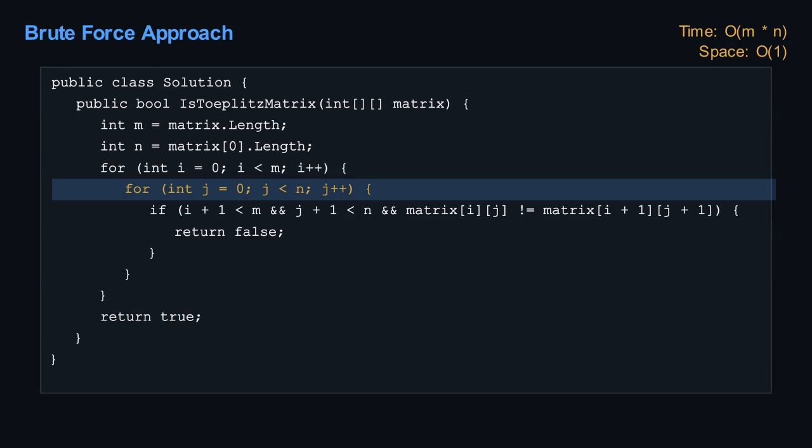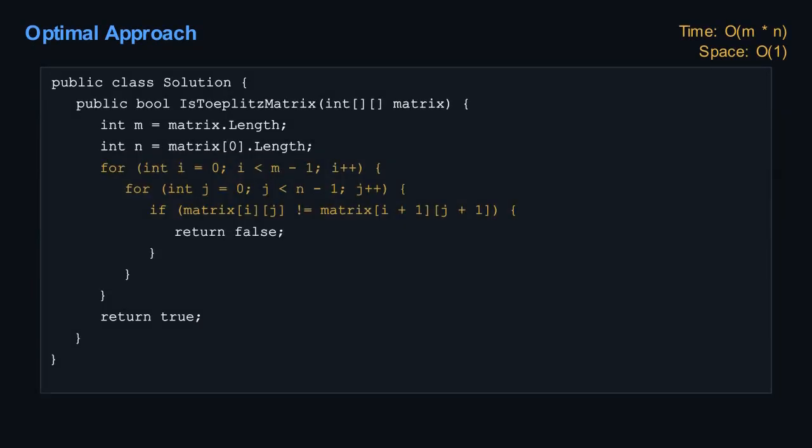It's not a big asymptotic problem, but it shows we're doing a little redundant work. We're iterating over the entire grid even though the last row and last column never participate in a diagonal comparison. The brute force idea is correct and already optimal in big O terms, but we can tighten the loops to avoid those useless iterations and make the code cleaner.